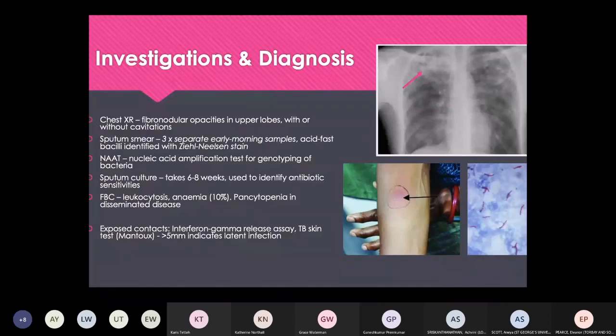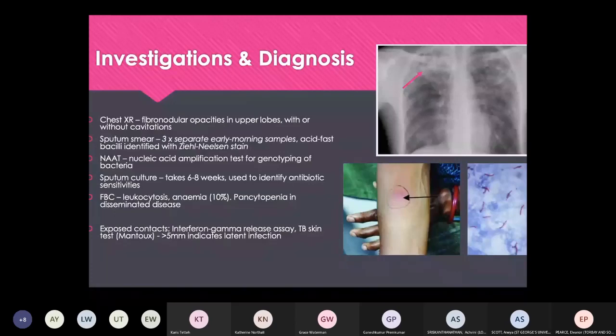And then you also want to do a sputum smear on patients. This is a really important feature to remember for your exams. It's 3 separate early morning samples, and you're testing them for acid-fast bacilli. So you can see on the bottom right-hand picture there, Ziehl-Neelsen stain is a particular type of stain which highlights the mycobacterium, and they show up this bright red colour, but it needs to be these 3 separate samples to test accurately.